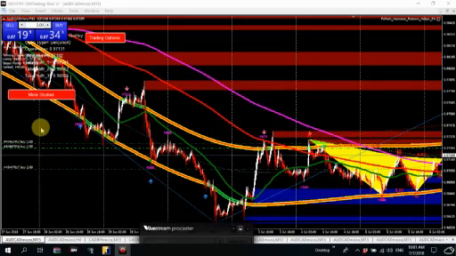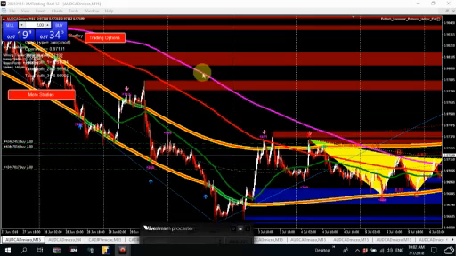When I say a long-term trend following chart, I mean a chart that helps you to hold your trade for like a week. This is a 15-minute time frame with a moving average 500 period.